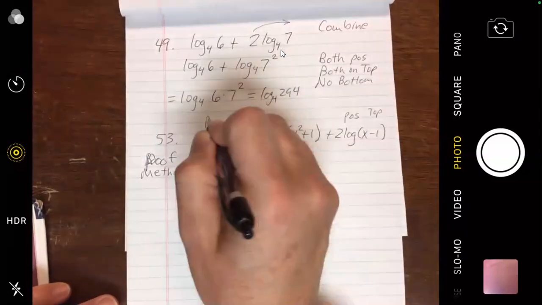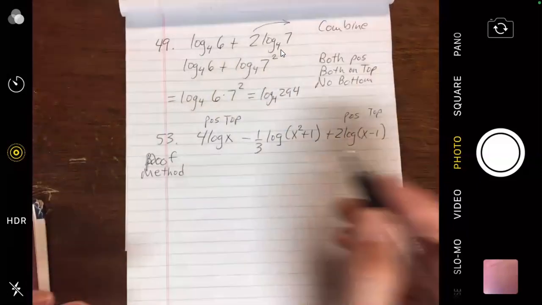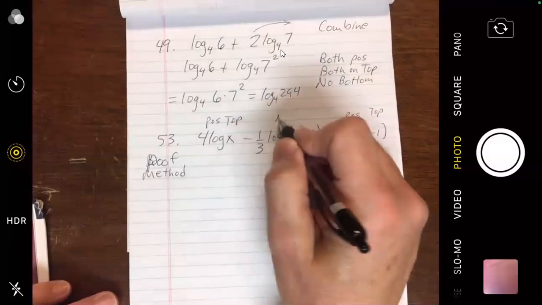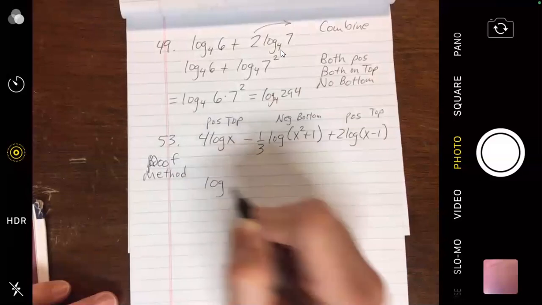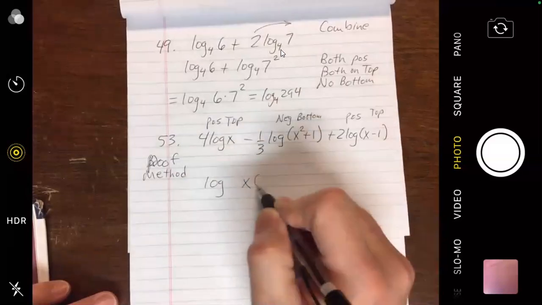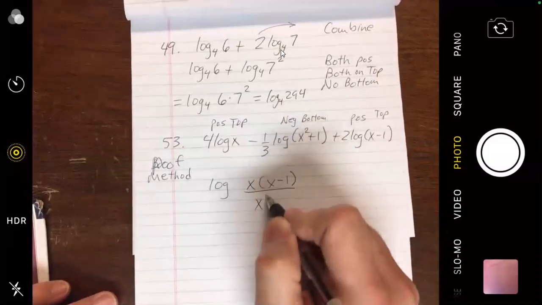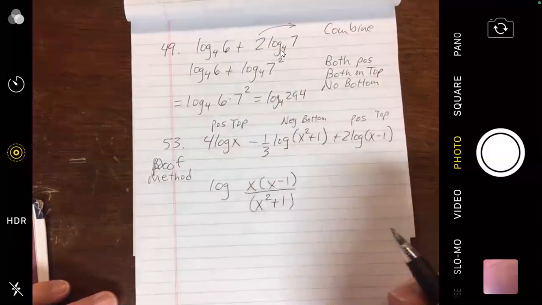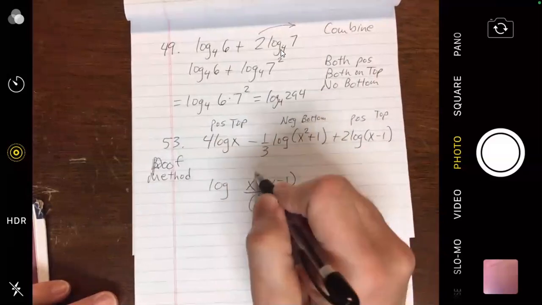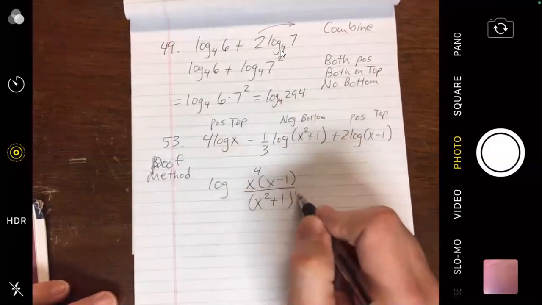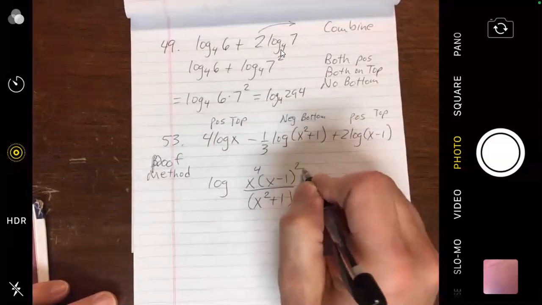Positive, top. And then this was negative, bottom. So I write one log, and I put the x on top, multiplied by the x minus 1. The x squared plus 1 goes on bottom. Put it in parentheses because it's going to have a power. The 4 is its power. The 1/3 is its power down here. x squared plus 1, and 2 is its power up there.